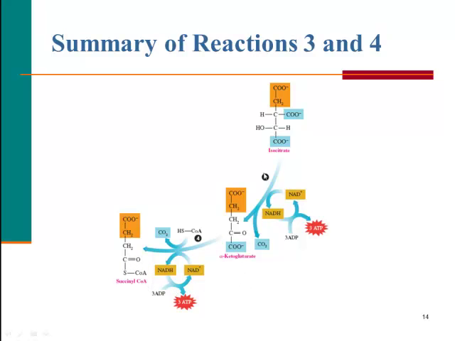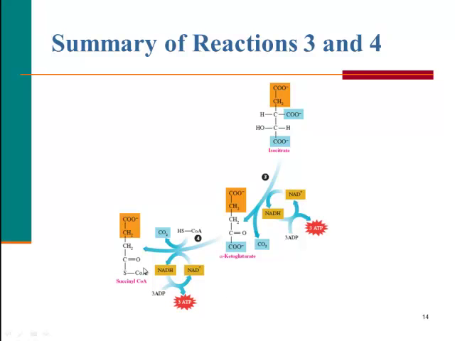But so far, we've already gone through 4 reactions, and we've seen the production of 2 NADH molecules and the removal of 2 carbon atoms in the form of carbon dioxide. So one right here when we go from isocitrate to alpha-ketoglutarate, and then another molecule of carbon dioxide when we go from alpha-ketoglutarate to succinyl-CoA.